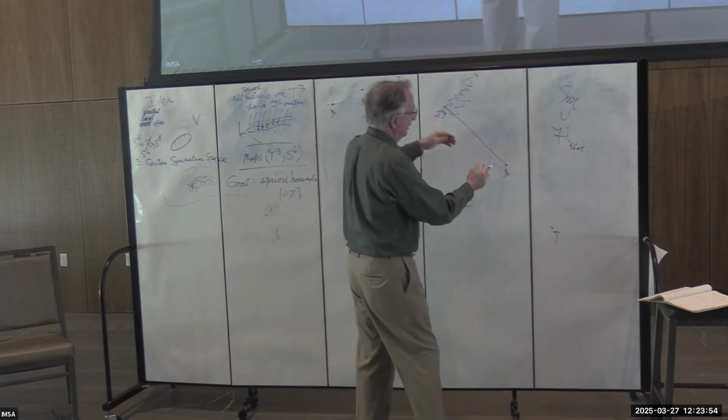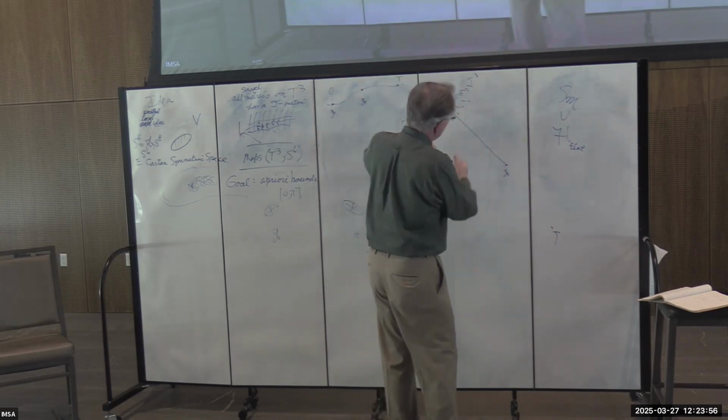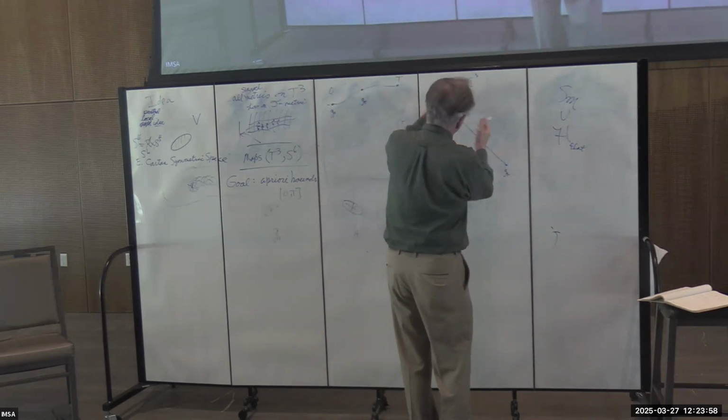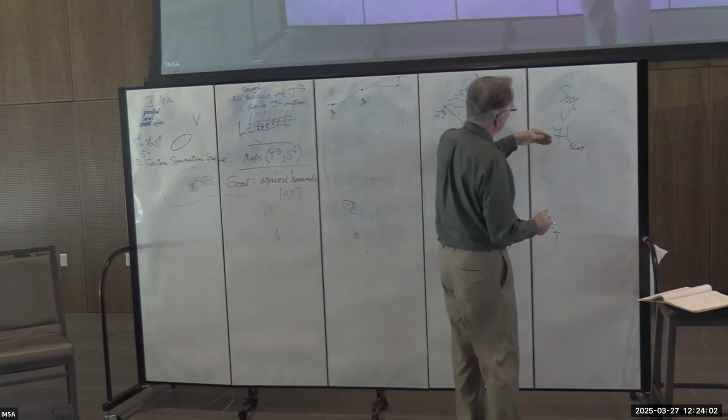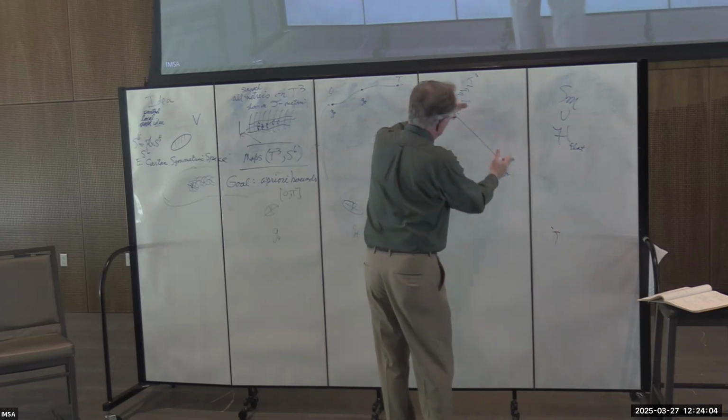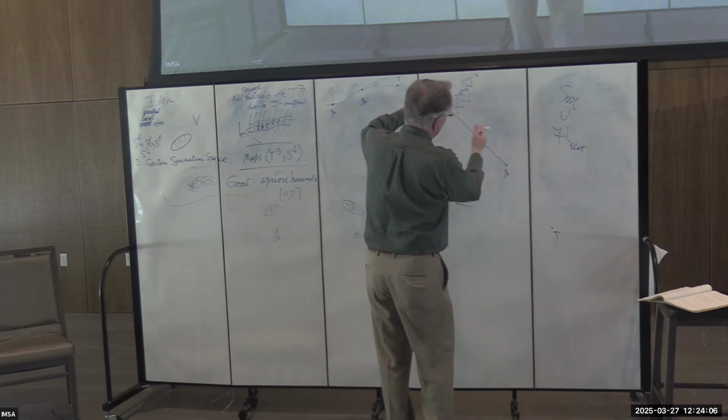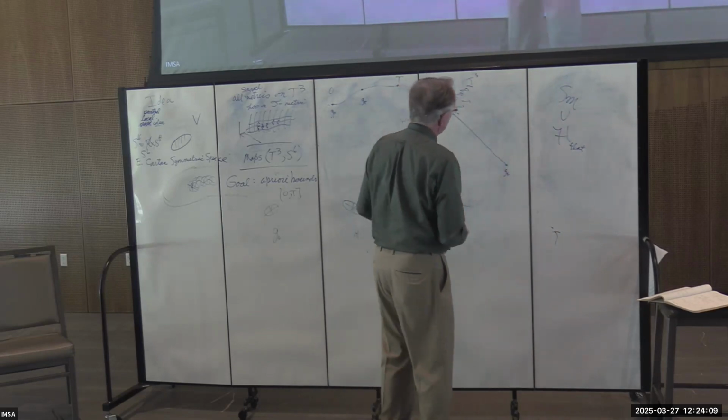And then I get a motion on this, which preserves this flat subspace. It just cyclically permutes all the factors.